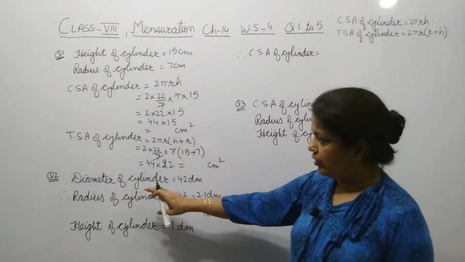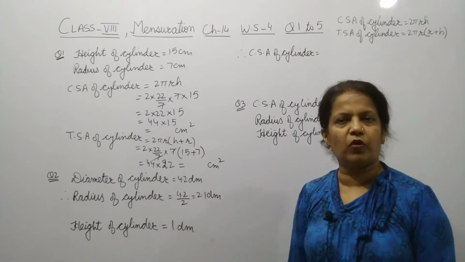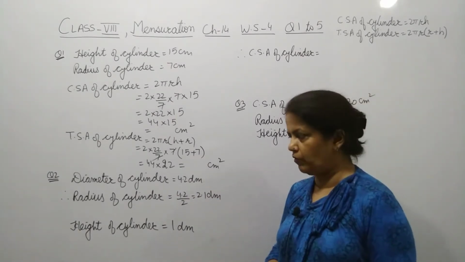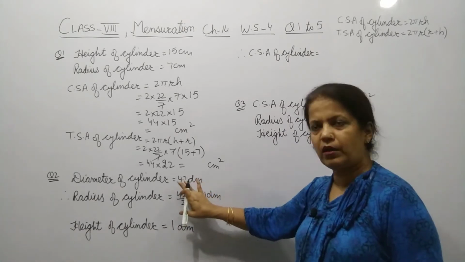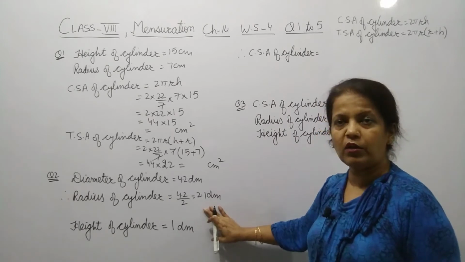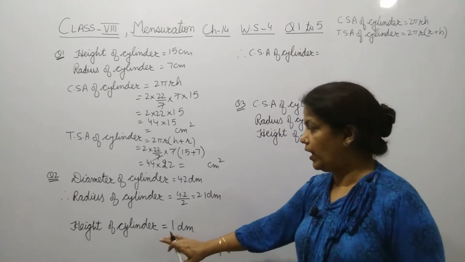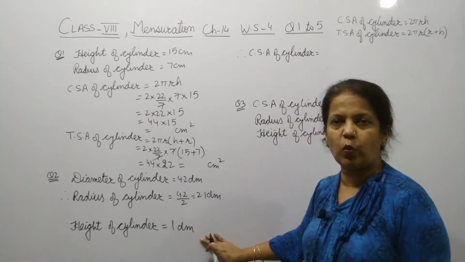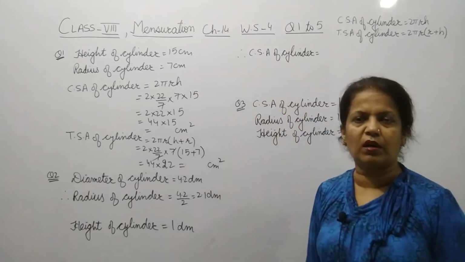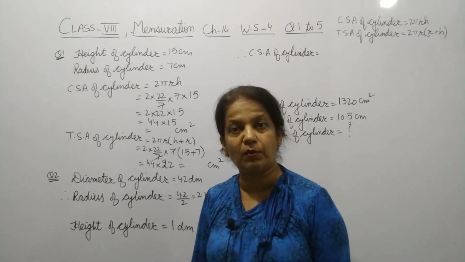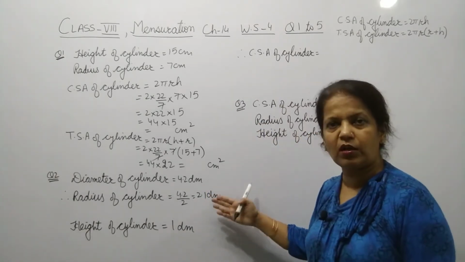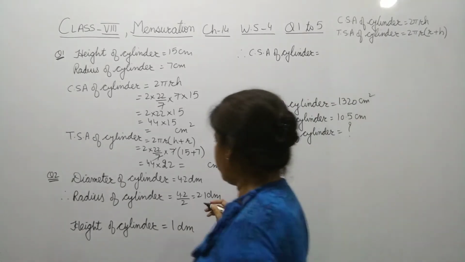Question 2. The diameter of the cylinder is given as 4.2 decimeter. So the radius of the cylinder will be the diameter divided by 2, you know it very well, so it will come as 2.1 decimeter. And the height of the cylinder is given as 1 decimeter. You have to find the curved surface area in centimeter square, so first convert decimeter into centimeter.